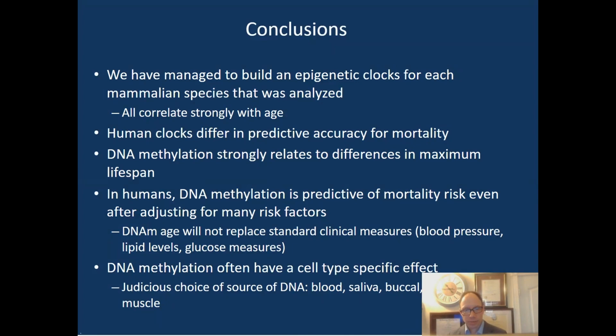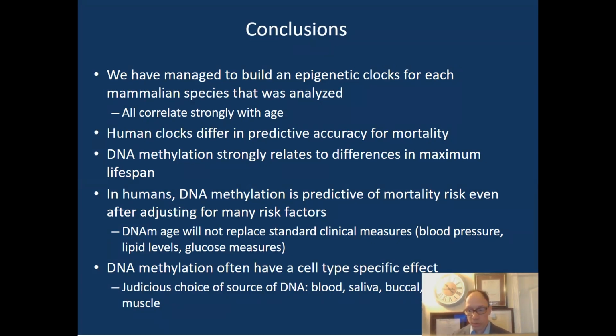Methylation age will not replace any standard clinical measure that is being used as part of your physical. It will not replace blood pressure or lipid levels or glucose measures, so it complements them but will not replace them. And as you design your own study, you want to think carefully about the tissue or cell type that you want to study.